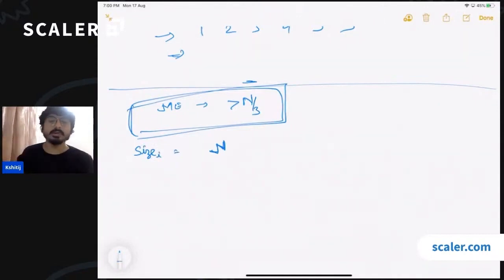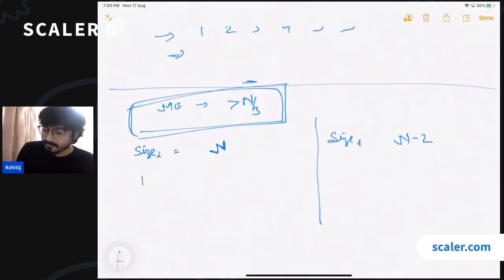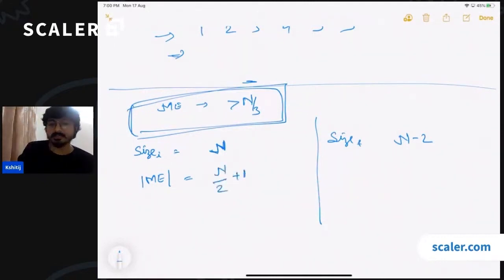If you are removing 2 elements, then the size will be n minus 2. Now, if there is a majority element, then what should be the minimum count of that majority element in this initial array? That has to occur more than n by 2 times, right?